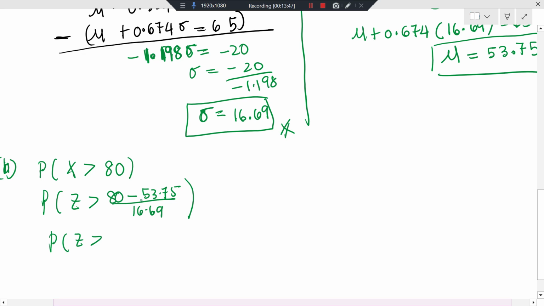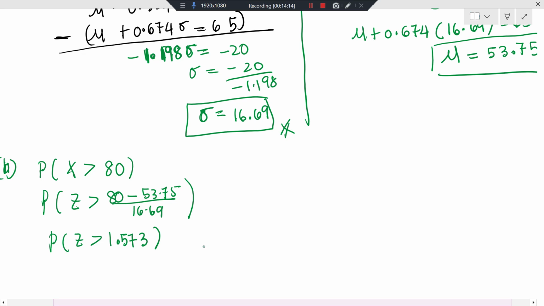So please, you are calculating the Z value based on the table. So make sure you round off to 3 decimal places, that is enough. Don't forget that at this particular part. So Z greater than 1.5727, so I put 3. 1.573.